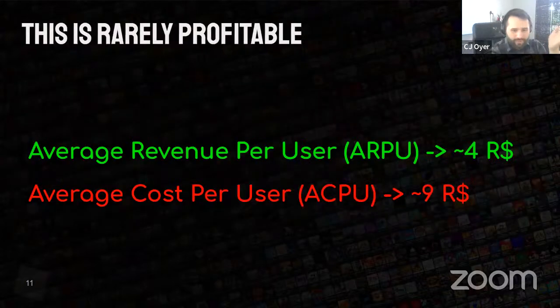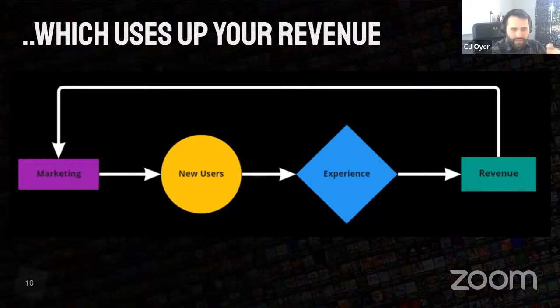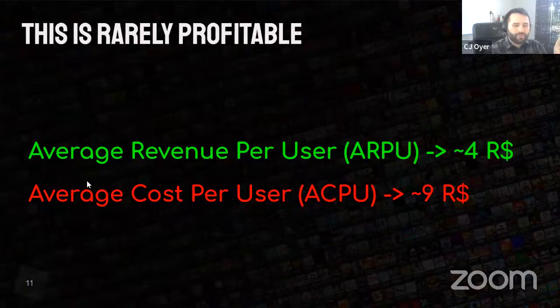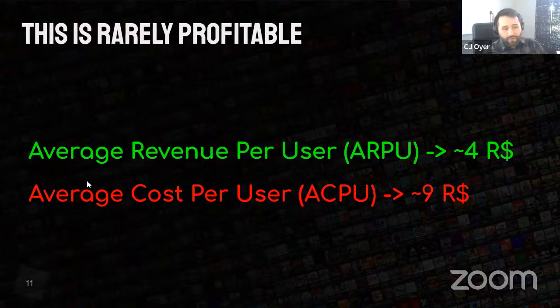And unfortunately, this loop is pretty expensive. In fact, if you look at these two metrics, average revenue per user versus average cost per user, average revenue per user for a top 250 game is usually around 4 Robux, whereas the average cost per user for a website advertisement can range anywhere between 6 to 12 Robux. Though in my case, it usually hovers around the 8 to 9 range.